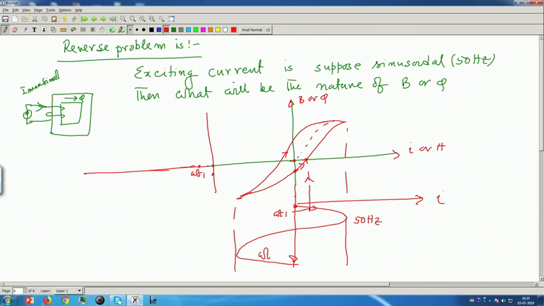At omega t 1 flux is 0. So, it will now be distorted. Are you getting? Point by point if you go, because of this double valued nature of the BH curve, the nature of B or phi will be distorted, but periodic.